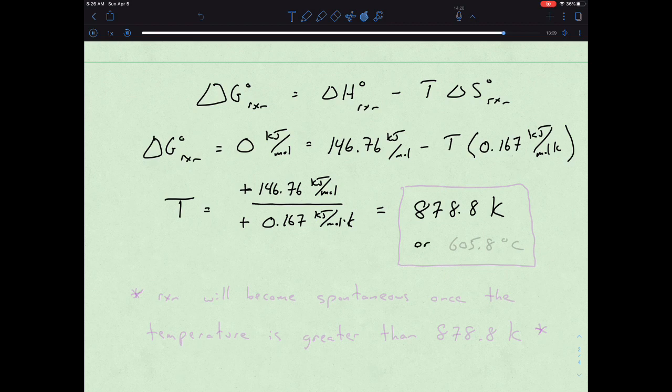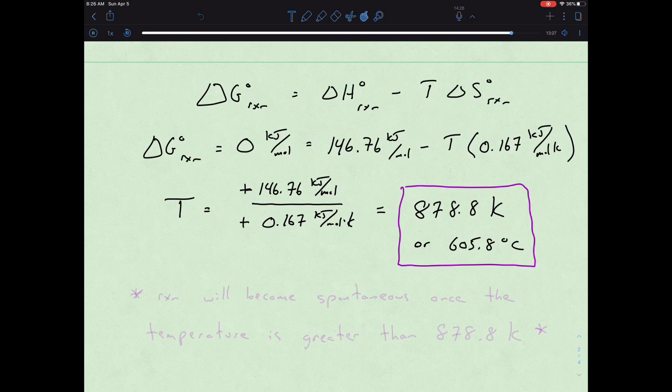Or if we converted it over, we would have 605.8 degrees Celsius. And so that is the temperature at which we need to get beyond.